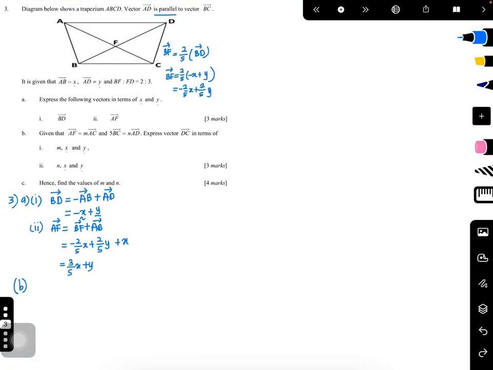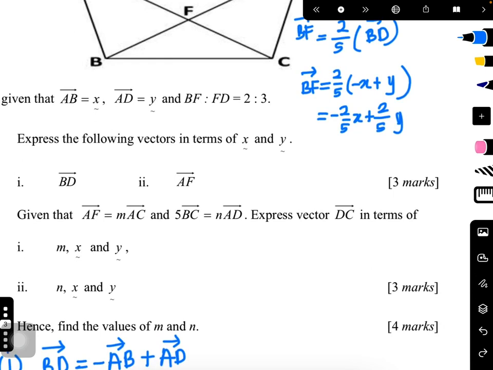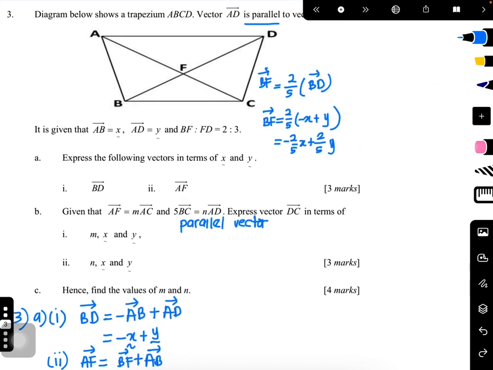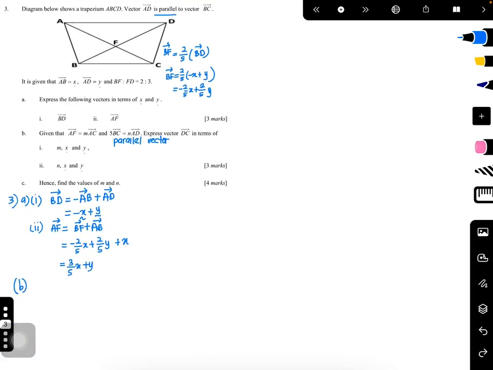This is referring to parallel vector because there is the constant at the vector, so it's called a parallel vector. Okay, parallel vector.